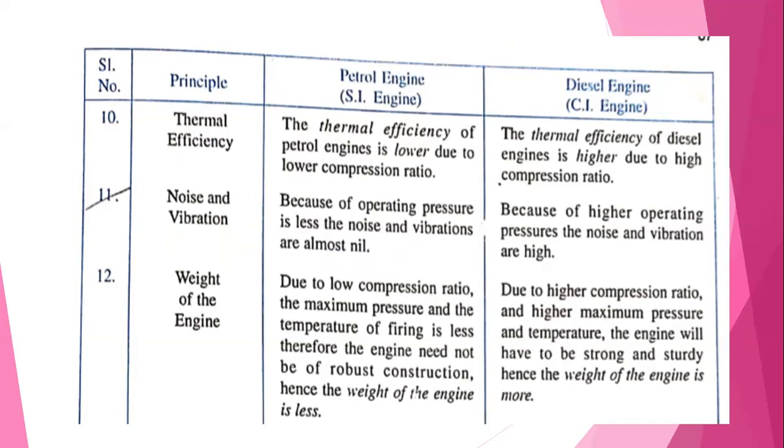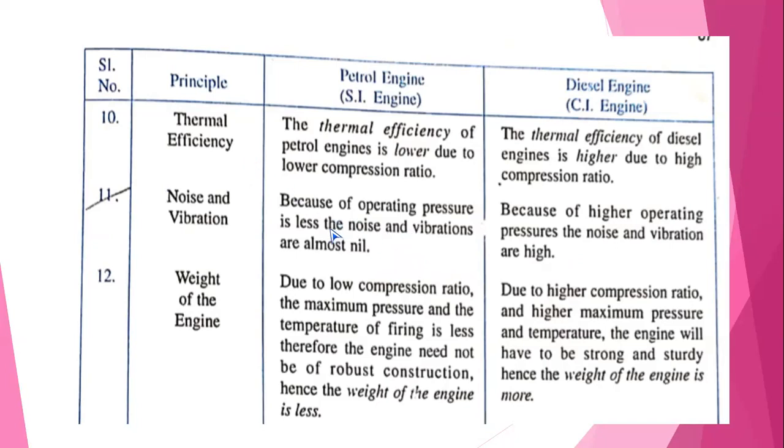For that reason, the noise coming from the engine should be below 90 decibels. 90 decibels is the maximum audible sound limit for human beings. So see that the engine produces less noise and less vibration.